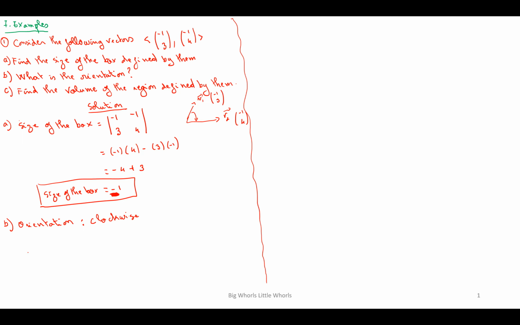That's why the size function is negative. Part C, we are asked to find the volume. The volume, as we have seen earlier in the definition, is the absolute value of the size function. So the absolute value of the size of the box, which is the absolute value of -1, which is equal to 1.